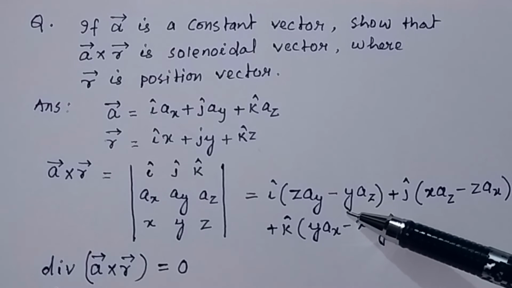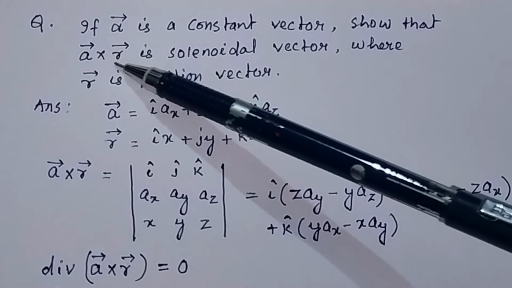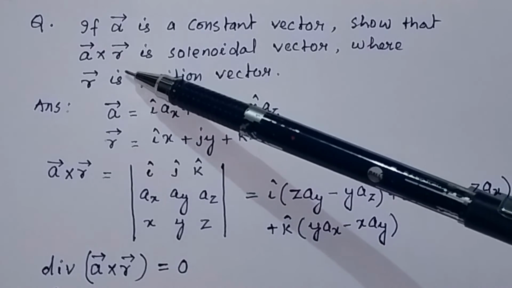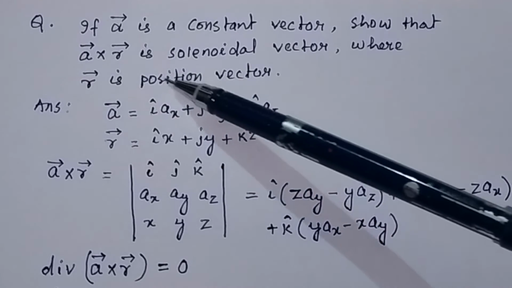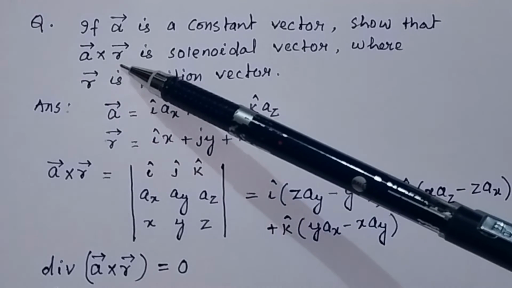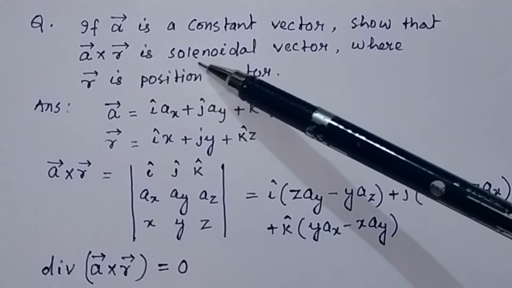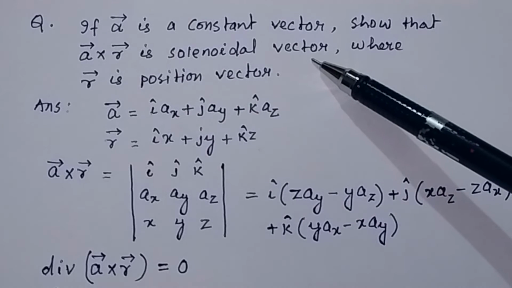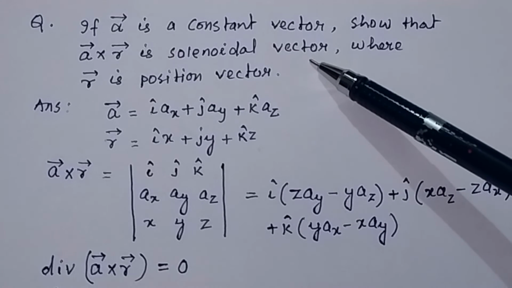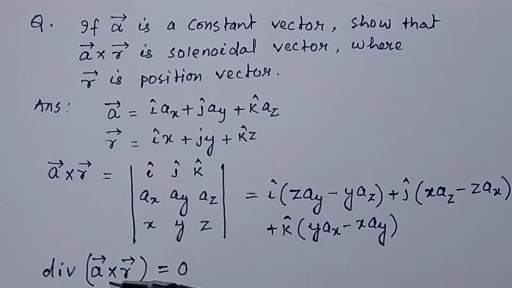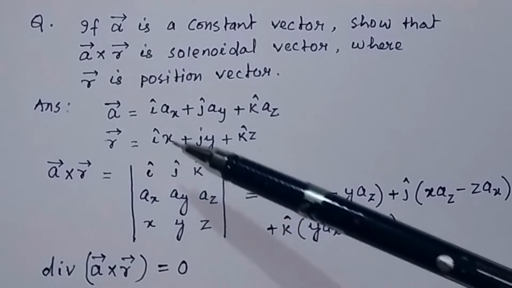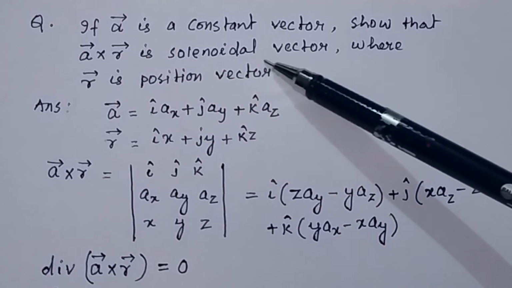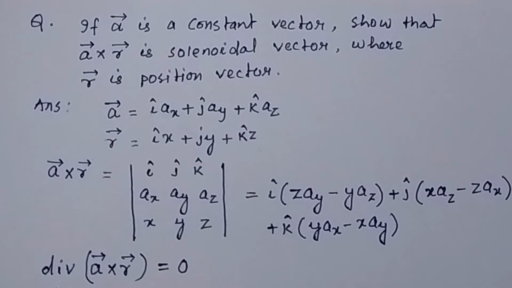This is the cross product of the constant vector with the position vector, and we have to show that the cross product of constant vector and position vector is a solenoidal vector. And we know for a solenoidal vector, the divergence of the vector is equal to 0. So if we can prove that divergence of A cross R is equal to 0, then A cross R is a solenoidal vector.